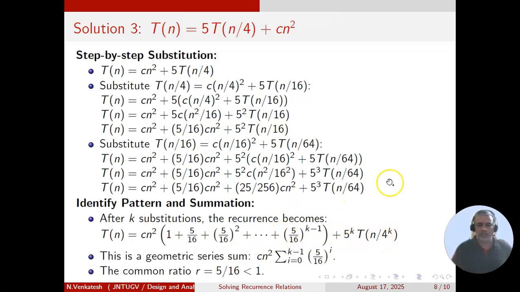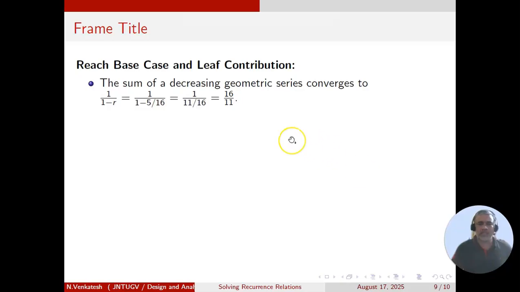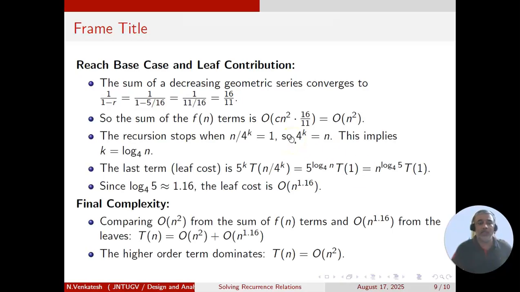And if you consider 16/11, from that you get the first term as order of n square. If you consider n as 4 power k, that is where it reaches a base case. Now it will be 5 power log n base 4, which can be written from the logarithm equalities as n power log 5 base 4.